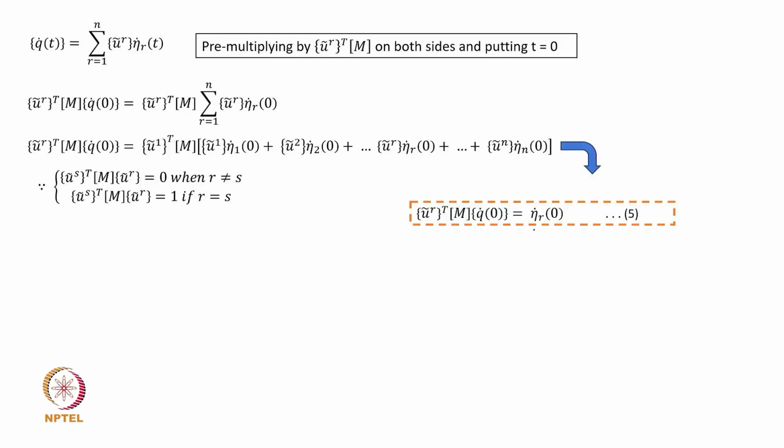So, again eta r dot, that is the velocity in the principal coordinate at time t equal to 0, is now expressed in this fashion in terms of the physical coordinate velocity.